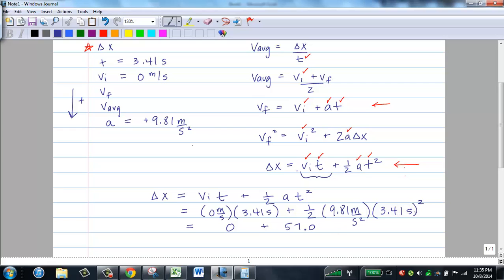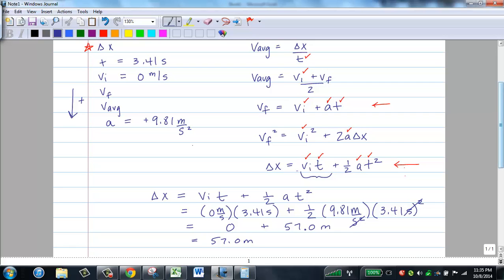Notice that when the time is squared, the units on the time, seconds, also get squared. So those seconds squared will cancel the seconds squared that are in the denominator of the acceleration, and our units will be in meters. So 0 meters plus 57 meters is equal to 57 meters.